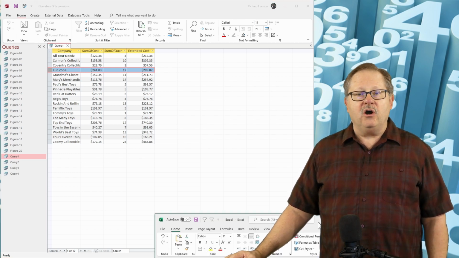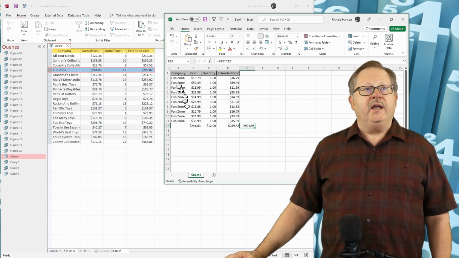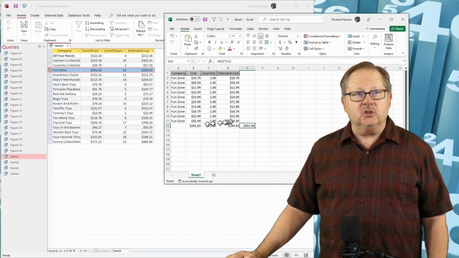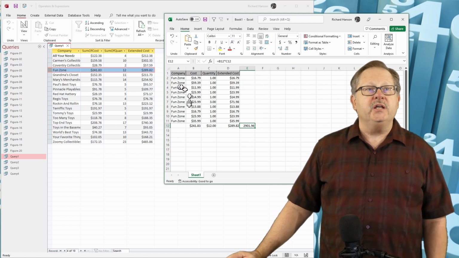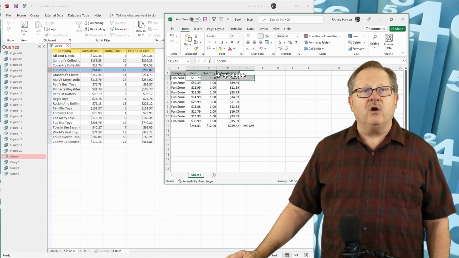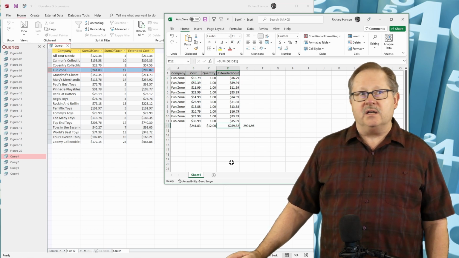So I turn off the totals query piece of it, and I do an extended look at all the detail records. What I wanted to make sure was that it did the math across first, and then did the math down to get the sum.